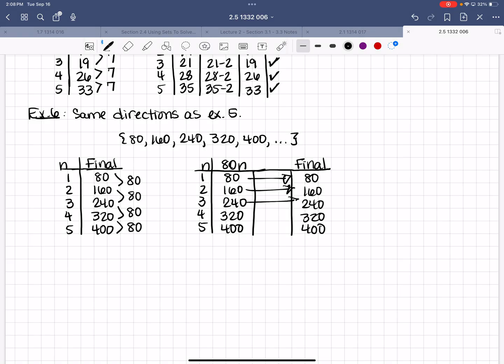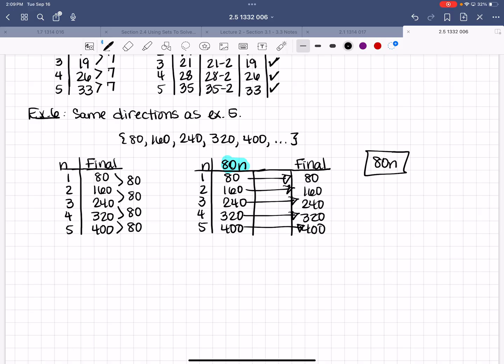So it's just 80n. Your answer is just 80n. You don't have to worry about adding or subtracting anything from it. They all need to be like that. Next one is not, but it's the last one.